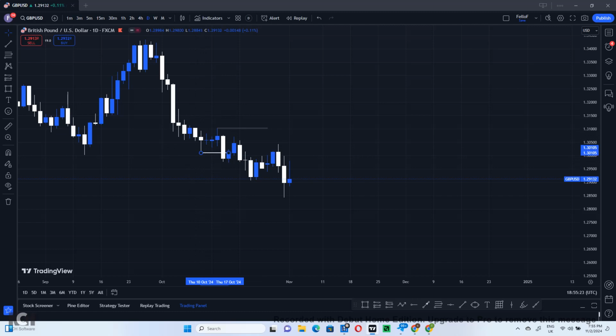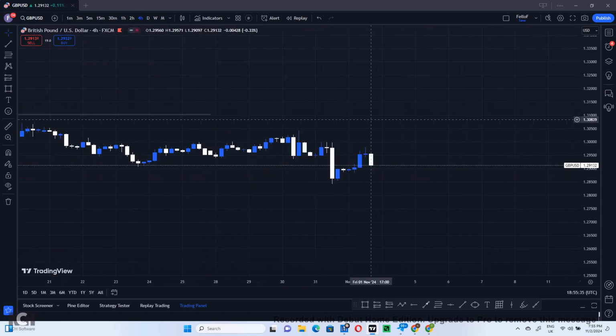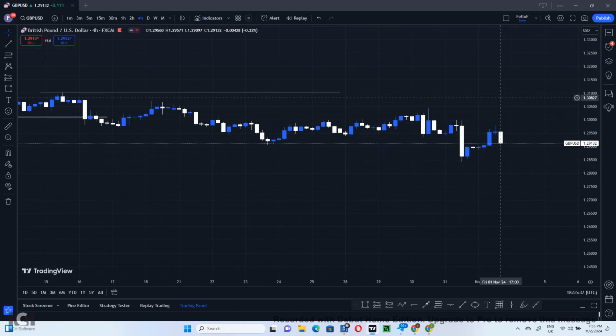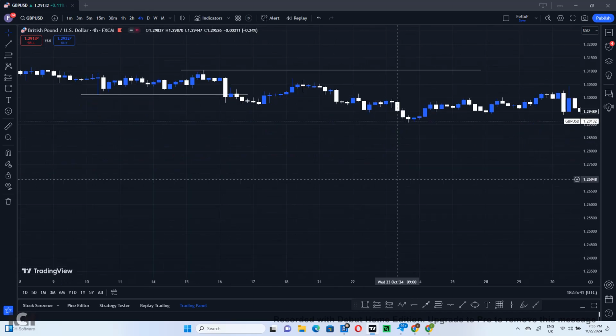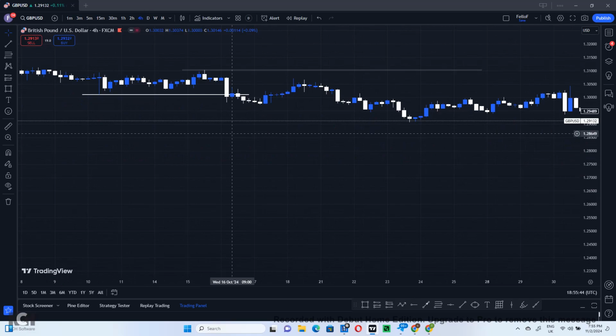Now we are in the daily, right? What we have to do is go down to the 4 hours. Going down to the 4 hours, you'll see that before this big move we already had something, but that's not our problem.